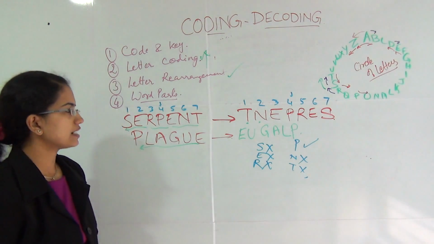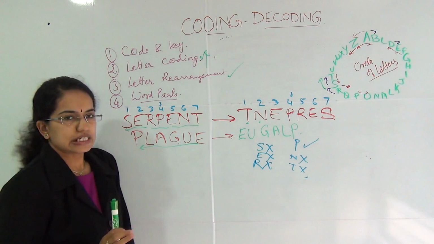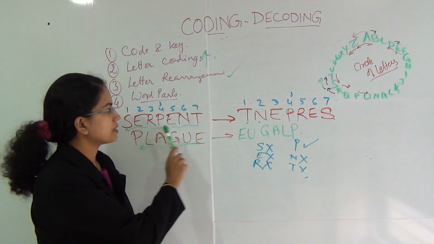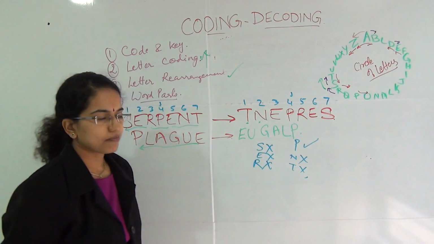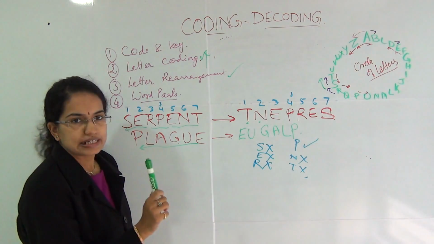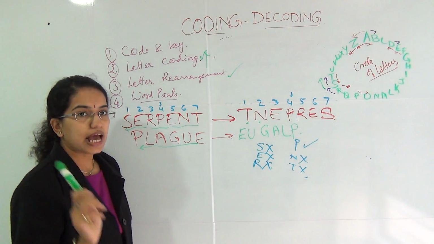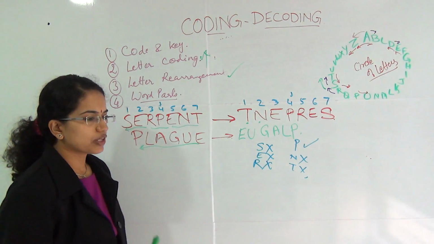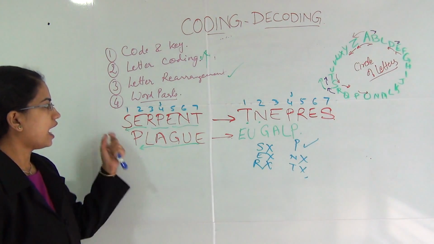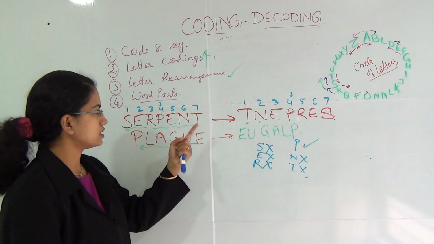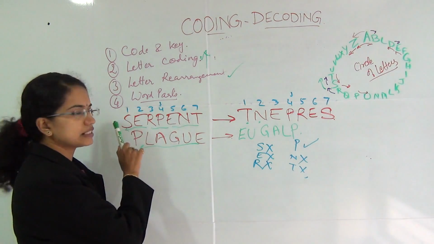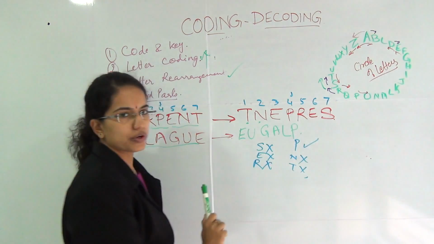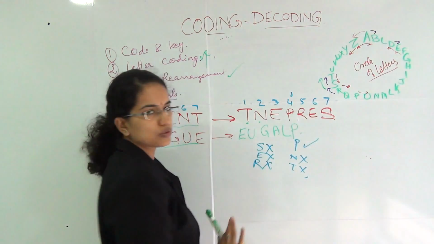So let me repeat it once again. If there is a question where it is given that in any language SERPENT becomes this, and which letter would remain at the same position in the reverse order as well, what I have to do is write the respective positions. For SERPENT, I have mentioned the positions 1 to 7, and for this code, I have mentioned the positions 1 to 7.